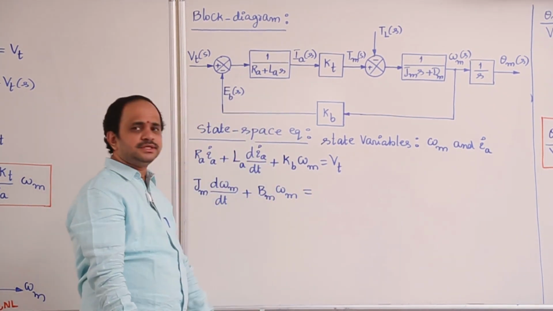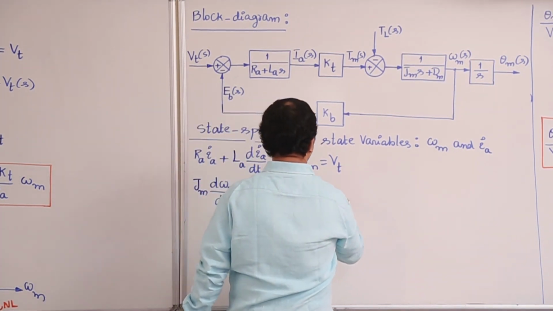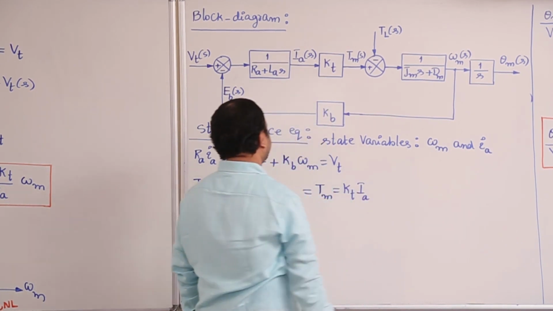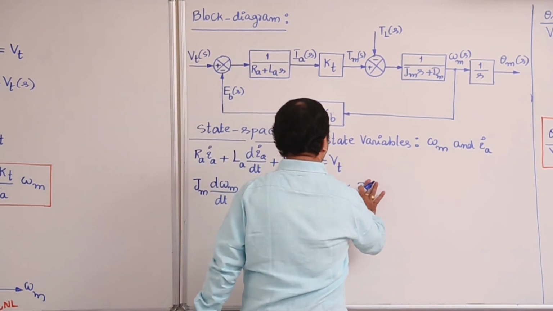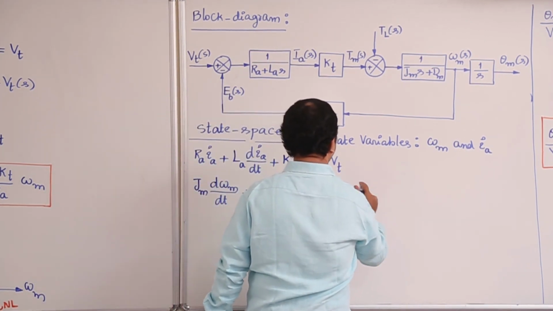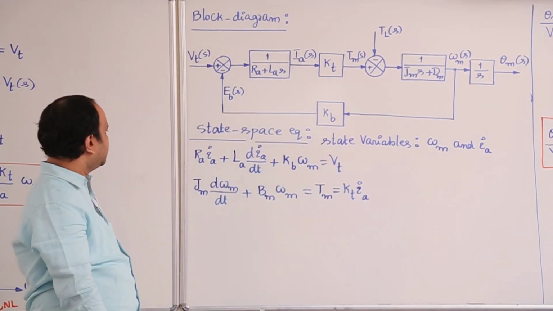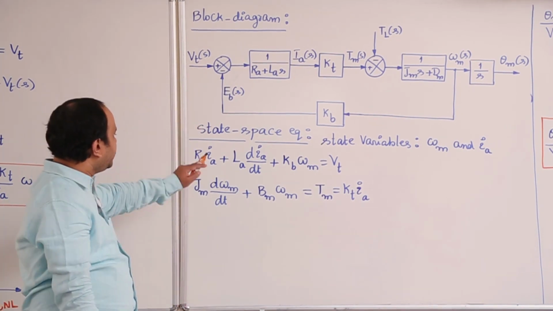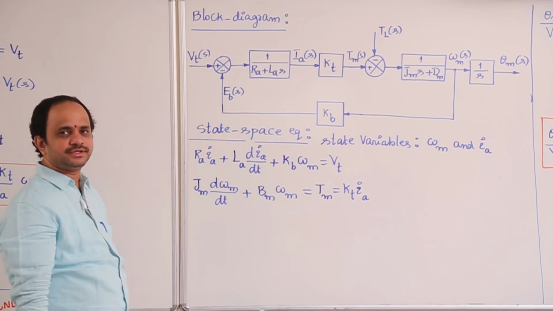This sum is equal to the torque Tm, which can also be expressed as Kt into ia. Let us write a small ia. Kt into ia. Now, by using these equations, we can arrange them in terms of state equations.